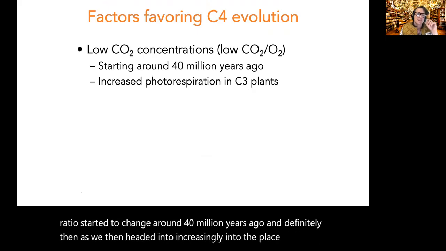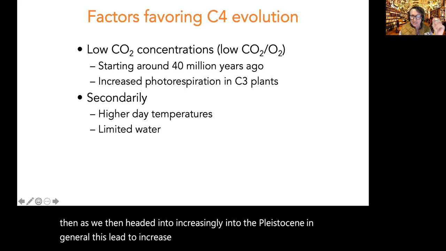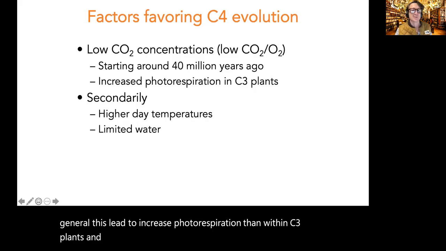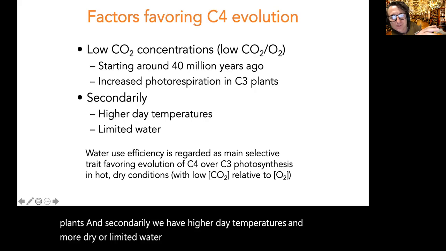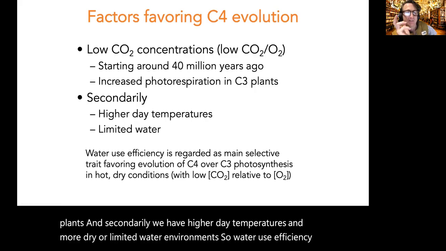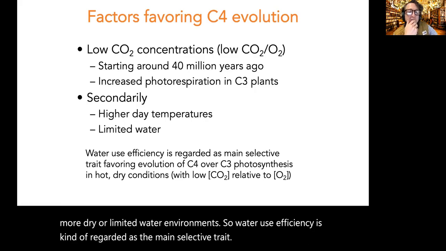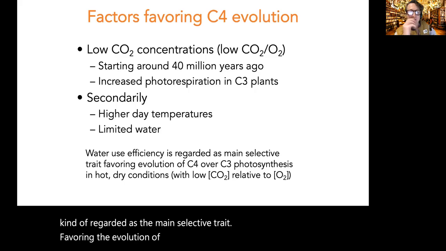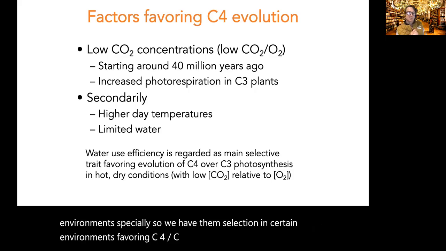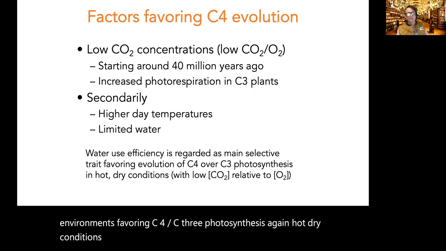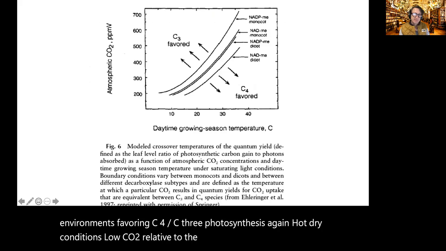In general, this led to increased photorespiration within C3 plants. And secondarily, we have higher day temperatures and more dry or limited water environments. So water use efficiency is regarded as the main selective trait favoring the evolution of C4 photosynthesis in certain environments, especially. So we have selection in certain environments favoring C4 over C3 photosynthesis. Again, hot, dry conditions, low CO2 relative to the concentration of oxygen.